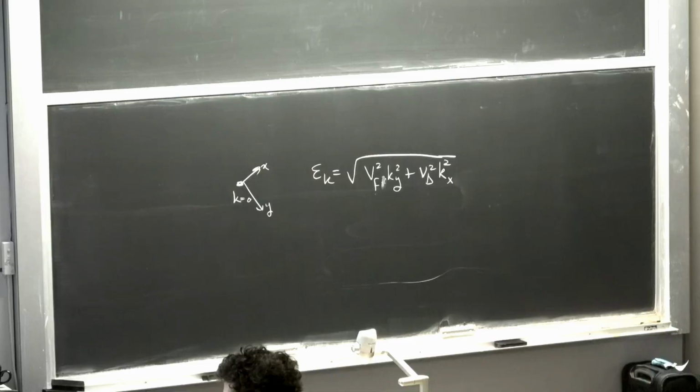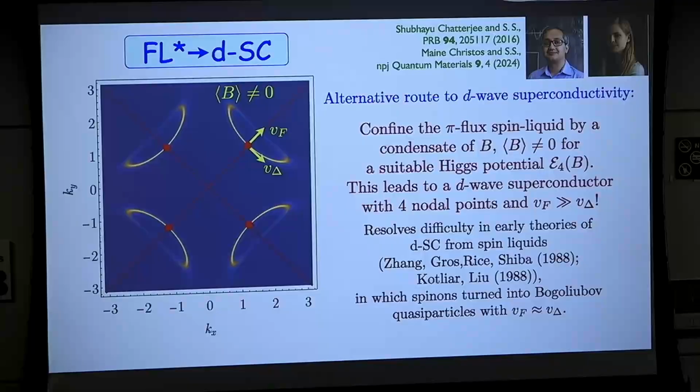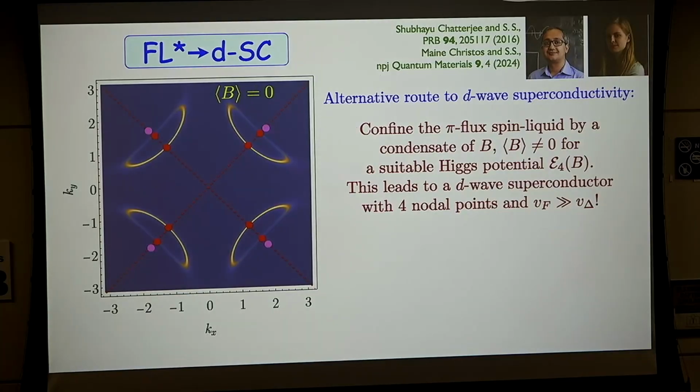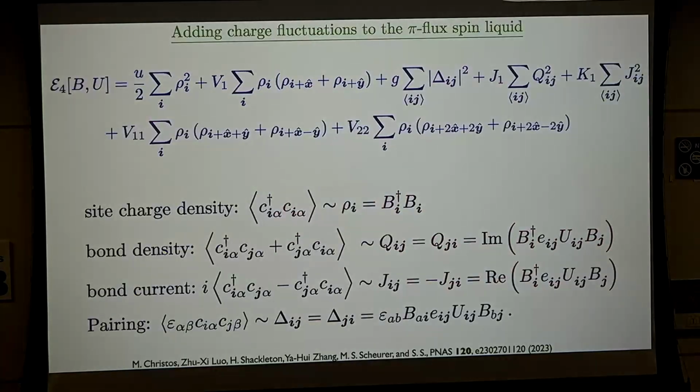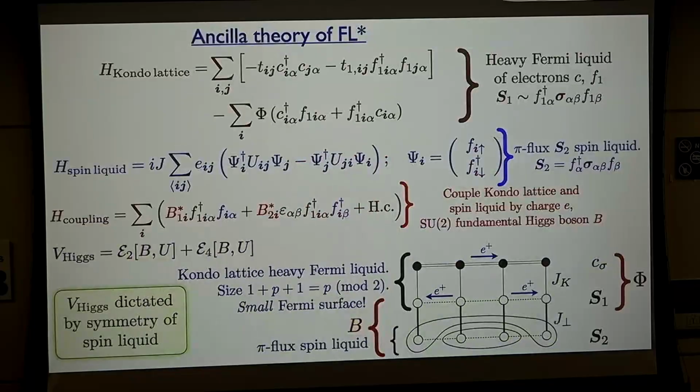Okay. So in these theories from '88, are there no free parameters that can fix the ratio of Vf over V delta? Well, as I discussed, it's totally fixed by the magnitude of B. So in the end there are no free parameters left, because we fixed all of these by matching to photoemission.